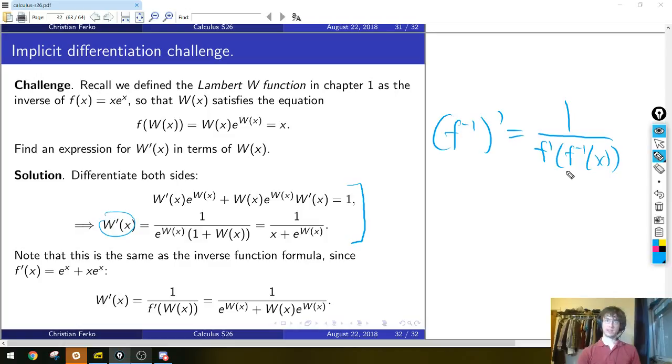So since this is the inverse of w, we could have also computed the derivative w prime using that formula. So we have 1 over f prime of w of x, and we could get f prime using the product rule, and then we would get this thing.